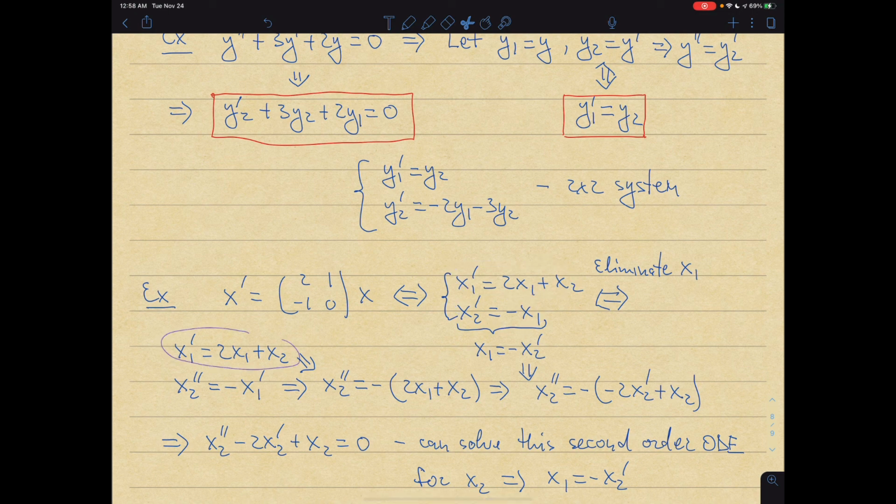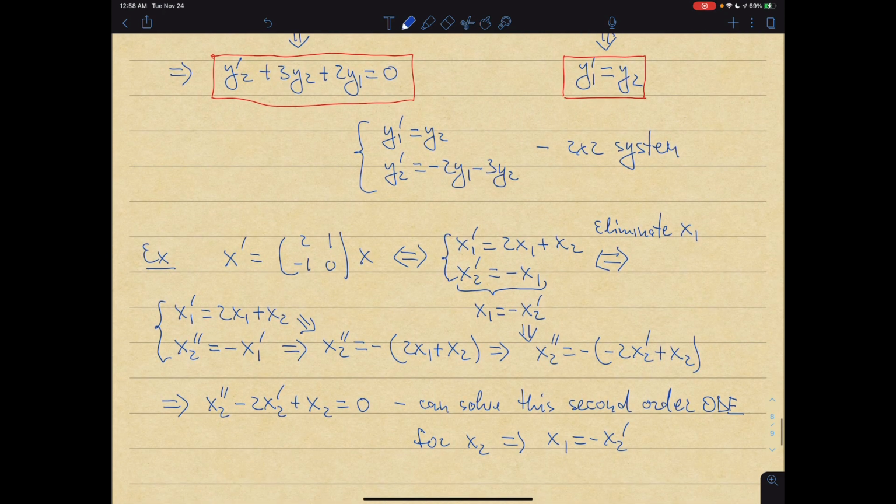So the first equation is unchanged, and the second equation now becomes x2 double prime equal to minus x1 prime, right? The derivative of the right side is equal to the derivative of the left side. On the right side, I have minus x1 prime, and I can substitute x1 prime from the first equation.